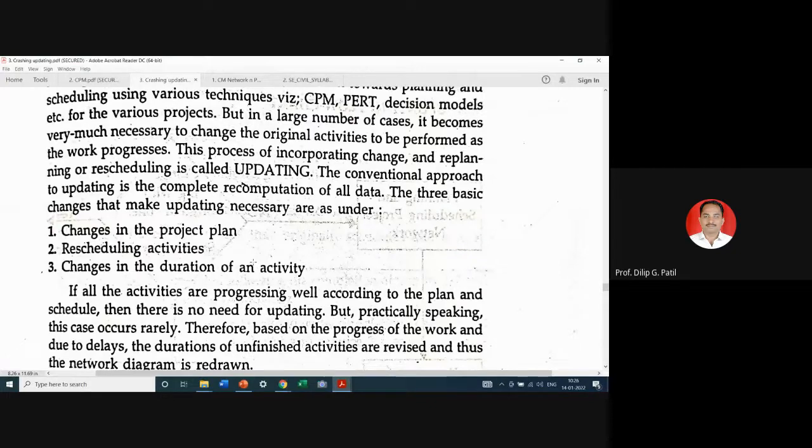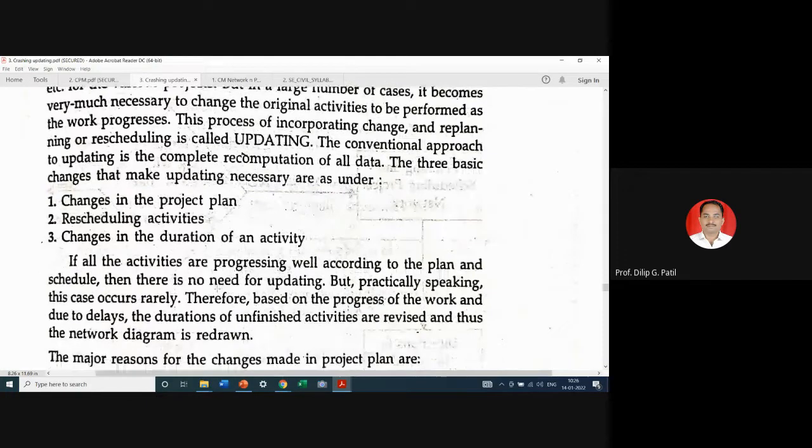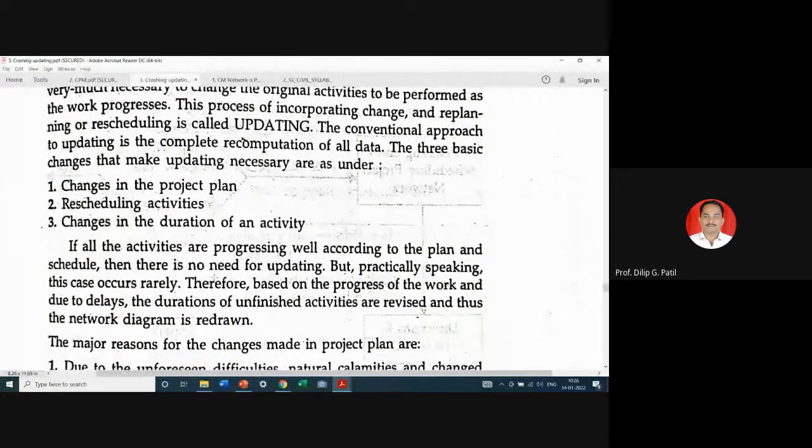So accordingly, all these changes need to be accommodated or reflected in the project duration or project network, so that the further dependent activities can be rescheduled accordingly and there will not be delay furthermore. So we will see what kind of things we need to consider during updating of the project network.